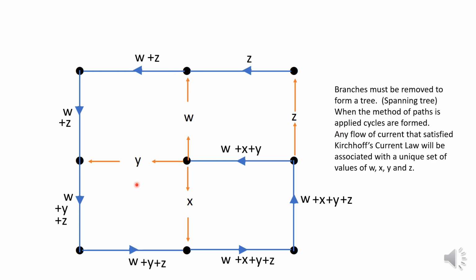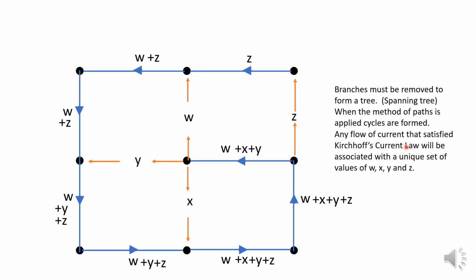So what I'm saying is that for any arbitrary flow of current satisfying Kirchhoff's laws, once we take these measurements, W, X, Y, Z, that represents uniquely the flow in the current.